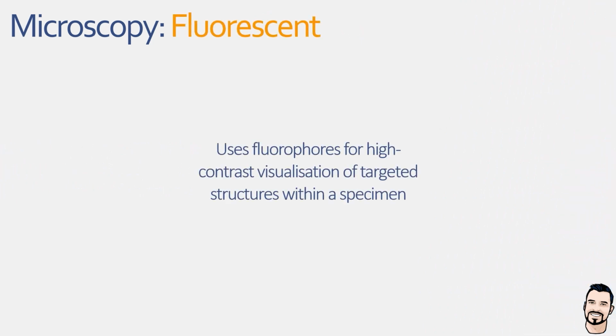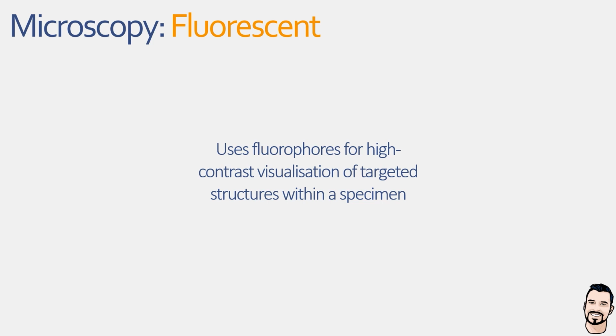Now moving on, but still using light to visualize cells, we have fluorescent microscopy, and this allows us to visualize specimens labeled with fluorescent dyes or proteins under specific wavelengths of light. And so what we call a fluorophore is added to the sample, binding to specific structures within the cell.